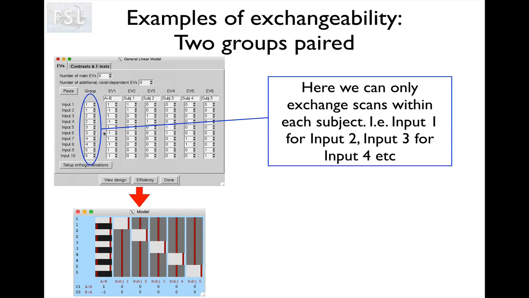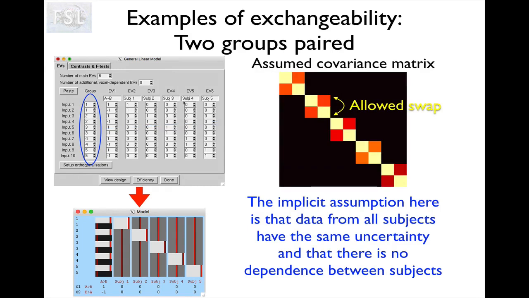Now, if we look at the group variable here, we see that we have exchangeability only within the first subject, and only within the second subject, and only within the third subject. So, what are the assumptions for this? Well, the implicit assumptions here are that data from all subjects have the same uncertainty, and there is no dependence between subjects, right?